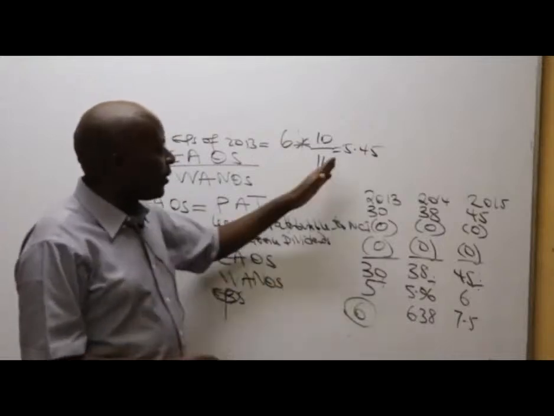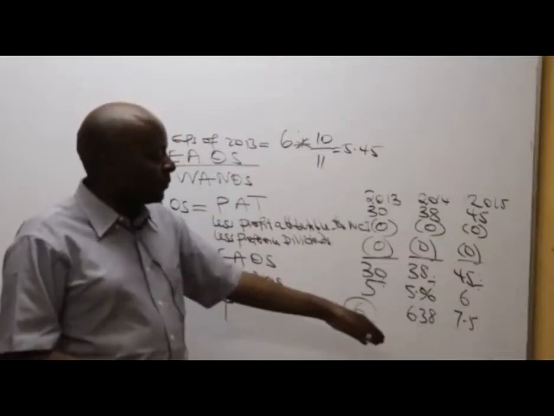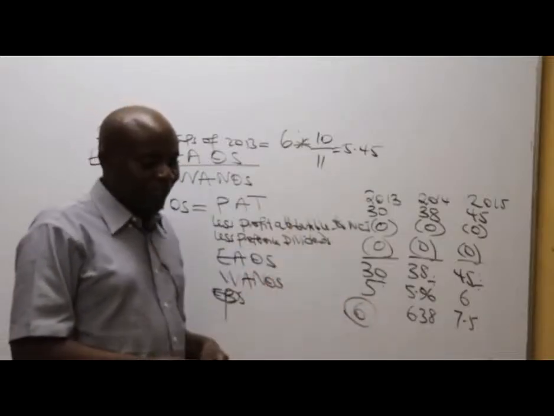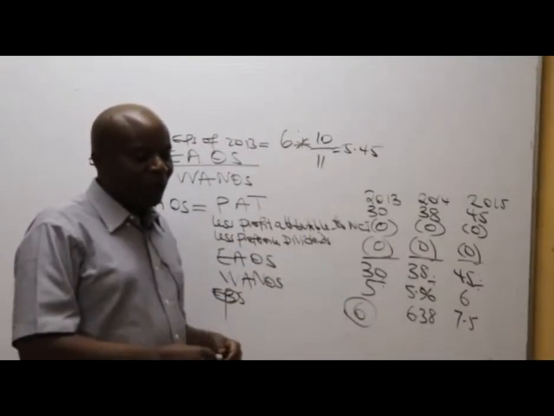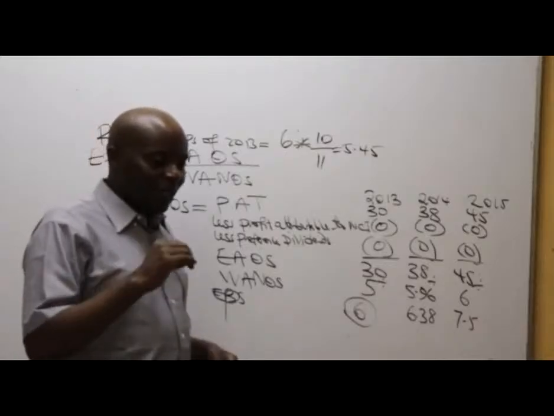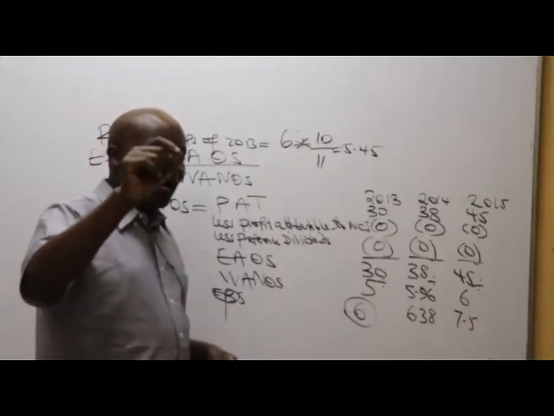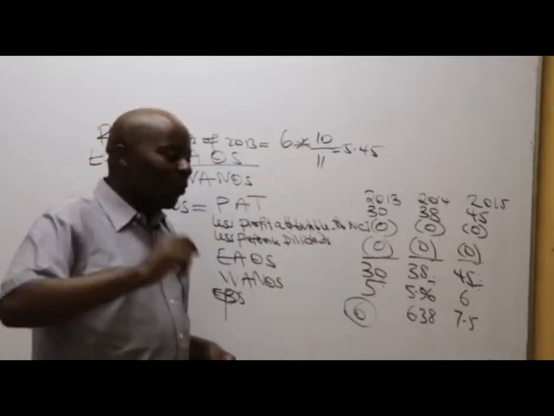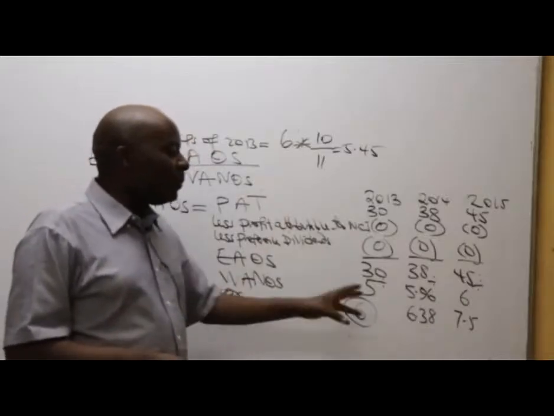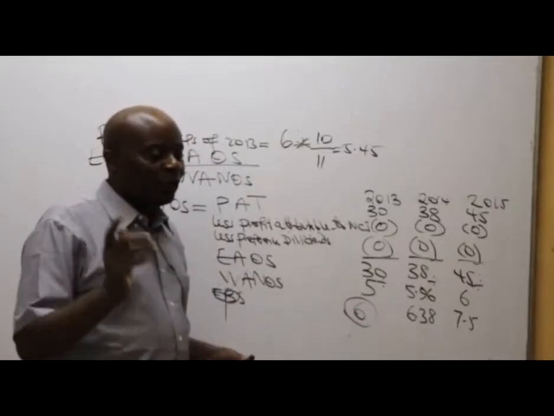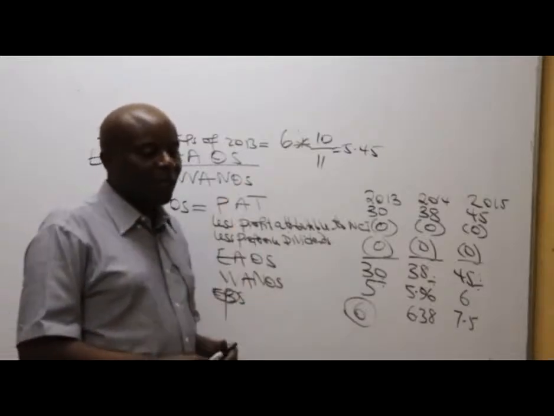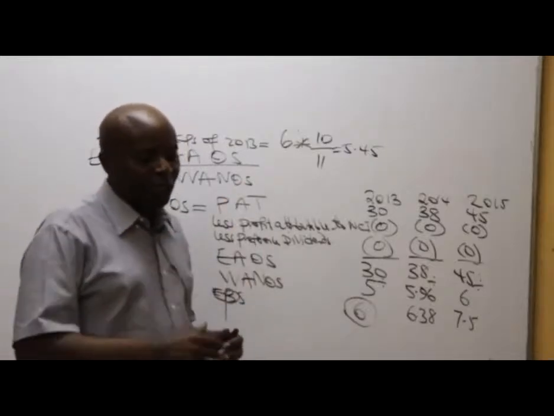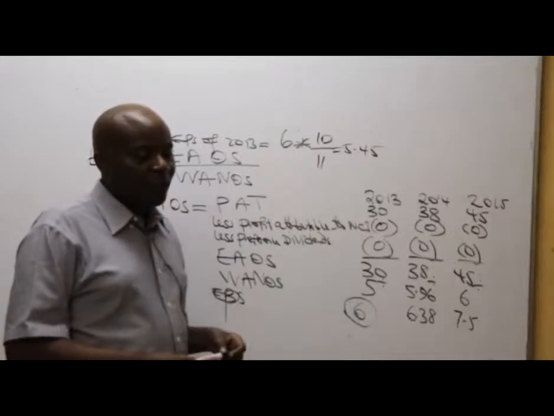Because now I'm comparing 5.45, from 5.45 we went to 6.38, went to 7.5 like that. So the comment that you're putting there is that this company's performance is superb. Any CEO who is able to increase their EPS like this should be able to earn huge perquisites in the form of bonuses.